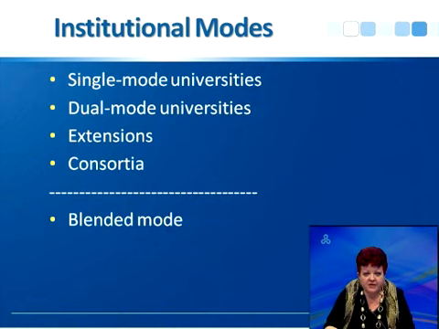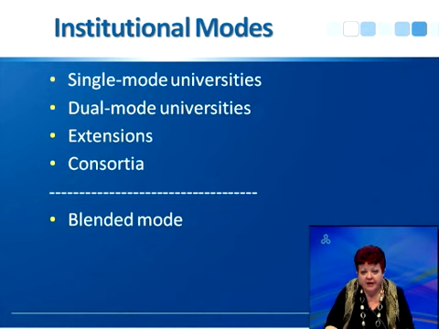UMUC, the University of Maryland University College, started in 1920 as an extension of the University of Maryland College Park, and only in 1947 it became the University of Maryland University College, and in 1970 it became a fully fledged autonomous university.